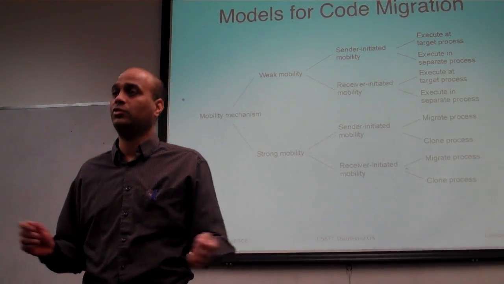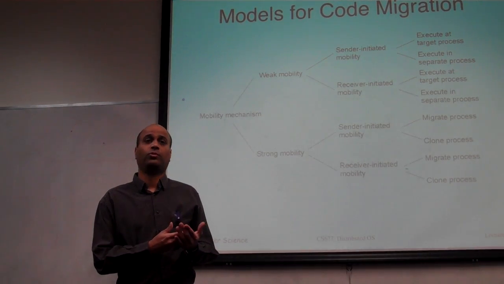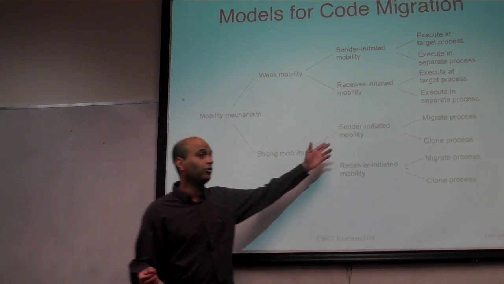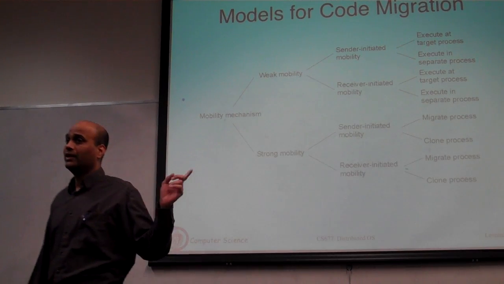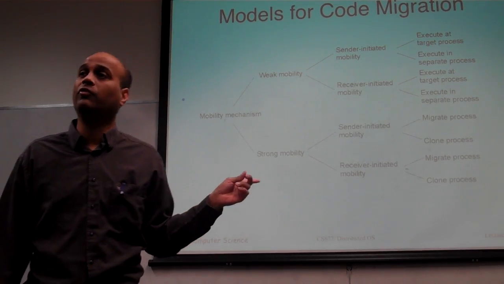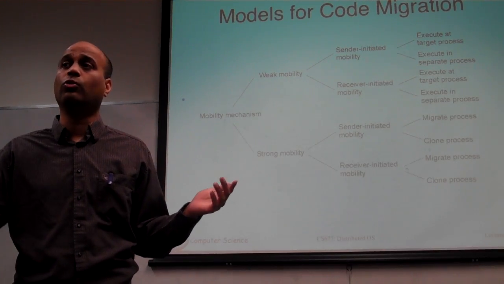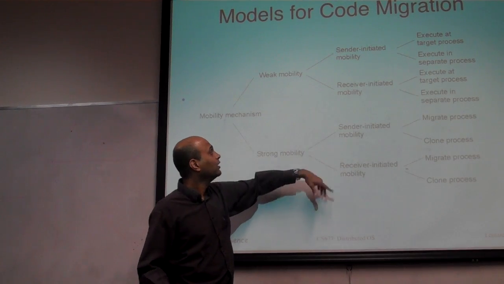There are two entities when you're migrating: the sender, which is where the code or the process was executing or was triggered, and the receiver. So depending on who started the process, you're sender or receiver initiated. That ties neatly into distributed scheduling, where I said you can be receiver initiated or sender initiated, where you go looking for jobs or you go trying to send some job.